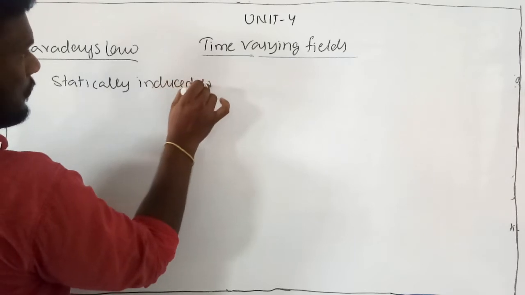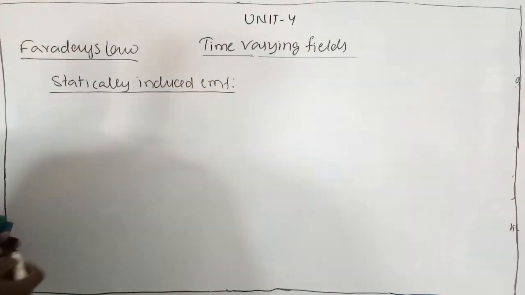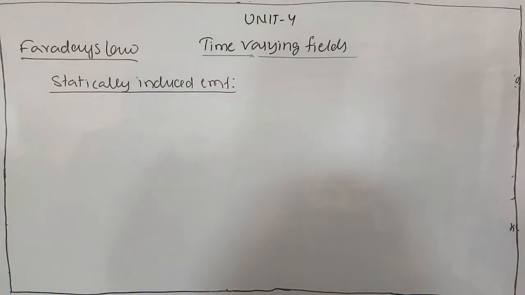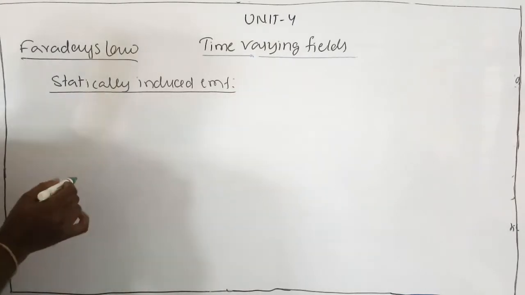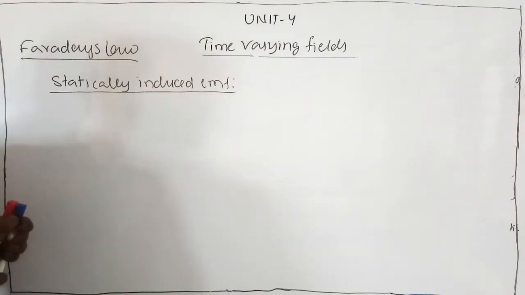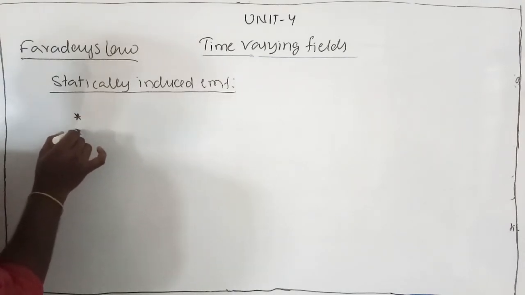statically induced EMF. I think all of you know how to induce the statically induced EMF inside a conductor. To induce an EMF inside a conductor, there are basic requirements. What are the basic requirements?